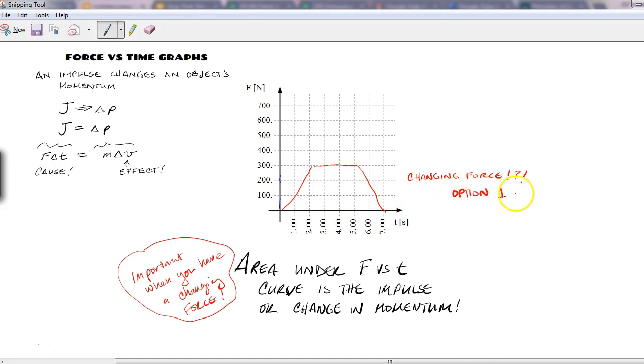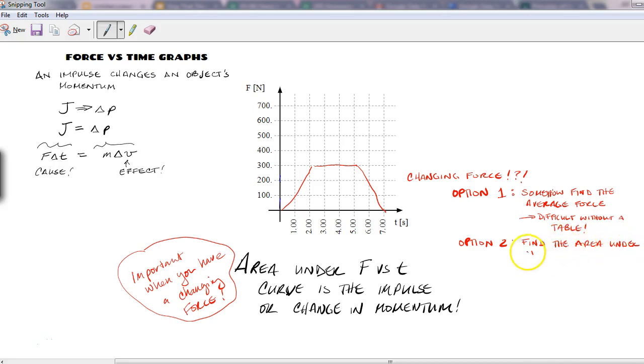You can see for the first 2 seconds, it increases steadily, and then it plateaus for the next 3 seconds, and then it decreases for the final 2 seconds. So I could try to figure out a way to calculate the average force over that period of time if I wanted to. It's not terribly difficult, but it is much easier with a data table and with a spreadsheet, because you know I love the spreadsheets. So maybe a better option in this case is to try to find the area under the curve.